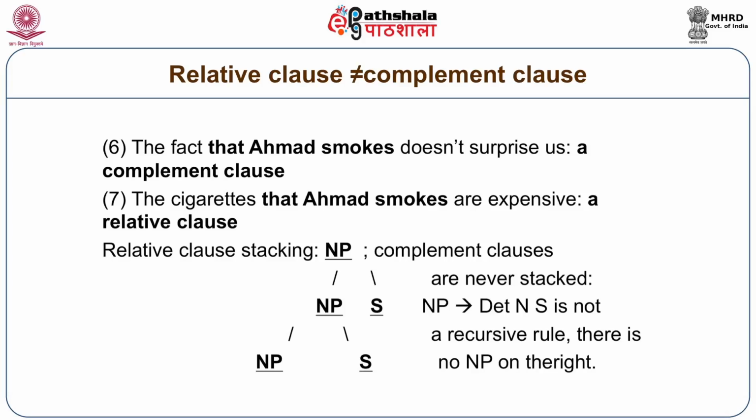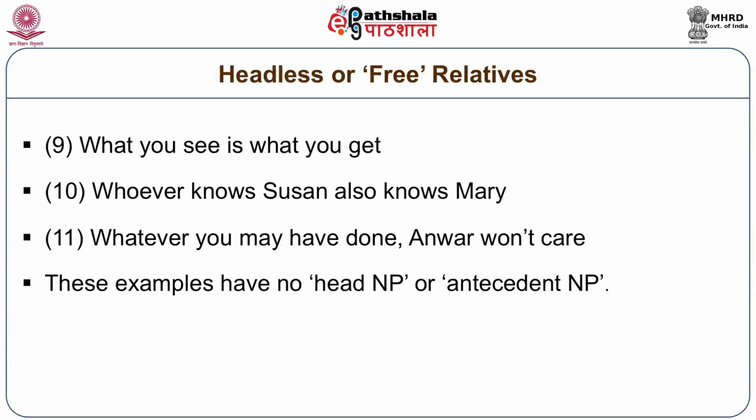Now let us look at the fact that the relative construction doesn't always have the format that we have illustrated so far, where there is a noun phrase up there, which is the antecedent, and then there is a relative clause containing a relative phrase which gets co-indexed with that antecedent. That isn't always what happens.